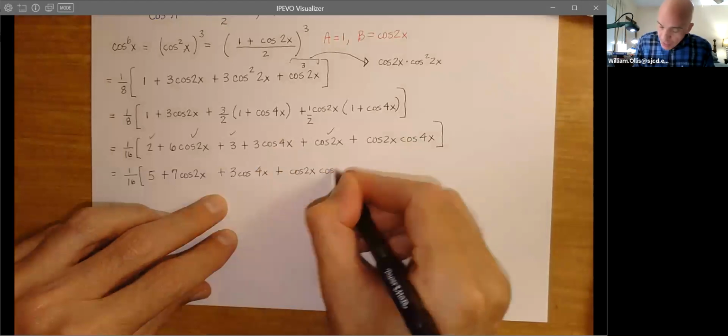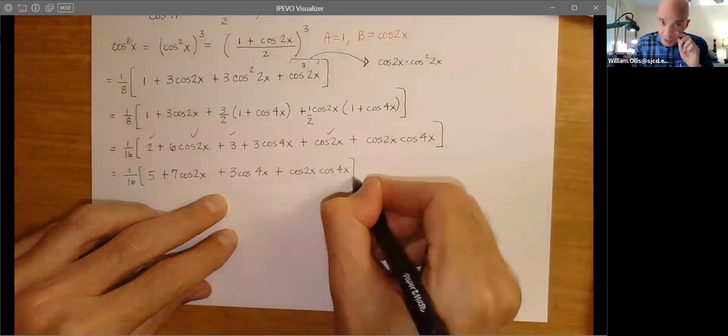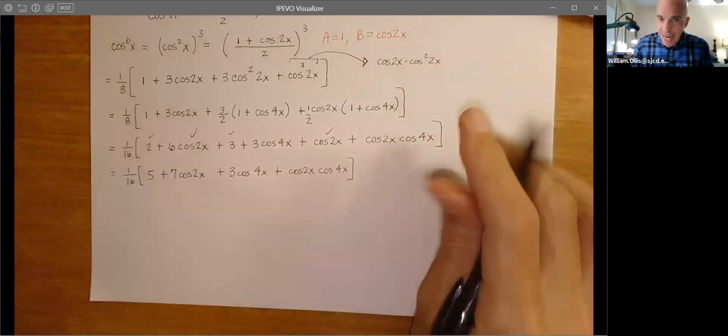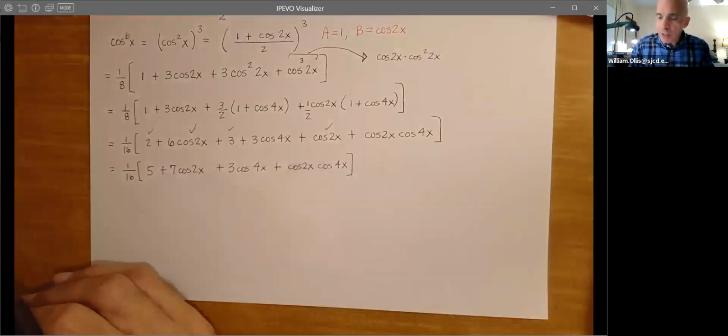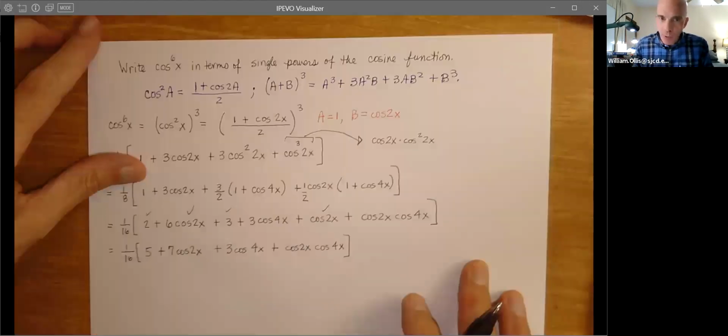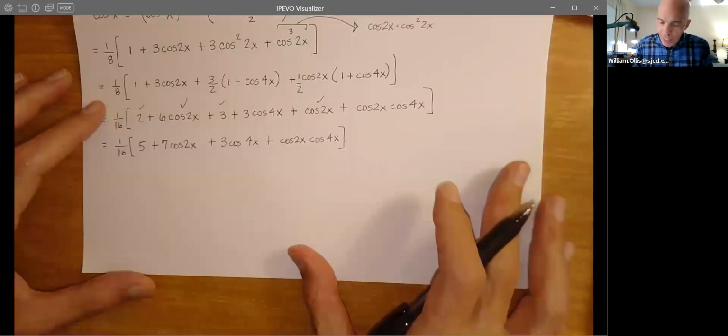Now, when I look at the WebAssign, this actually satisfies what they ask. But from a calculus student standpoint, you'd want to do a little bit more work, and I'll share that with you.